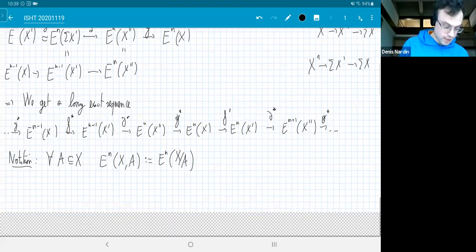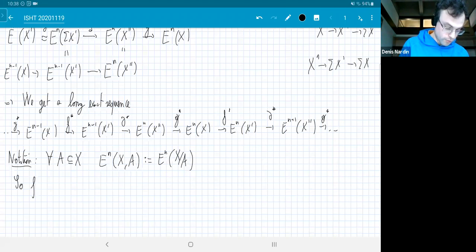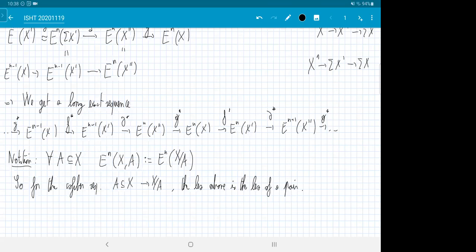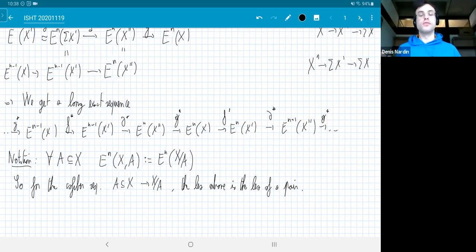So the long exact sequence, so for the cofiber sequence, a goes to x goes to x mod a, the long exact sequence above is the long exact sequence of a pair. And it's actually the one for reduced cohomology.